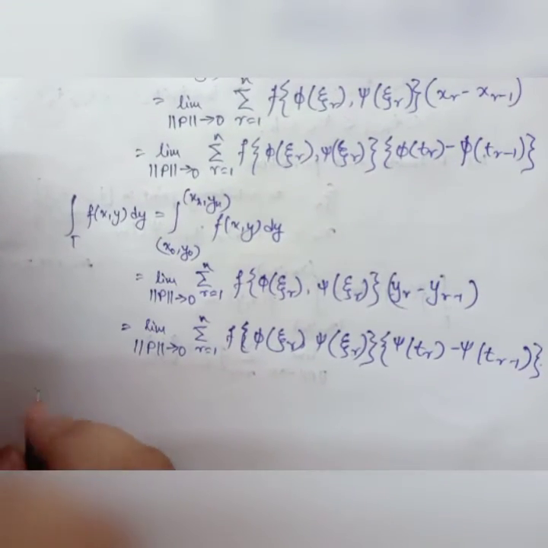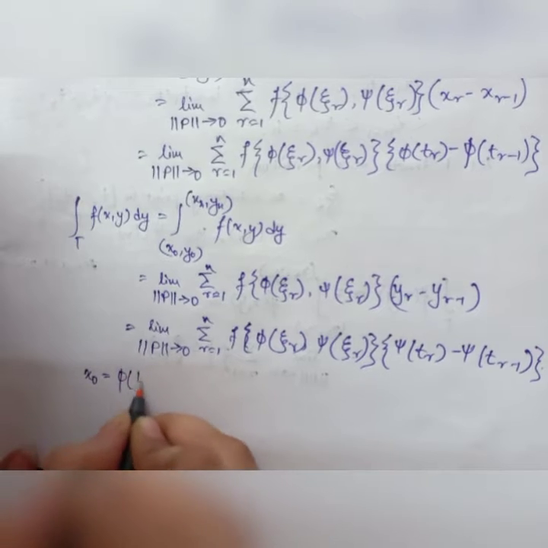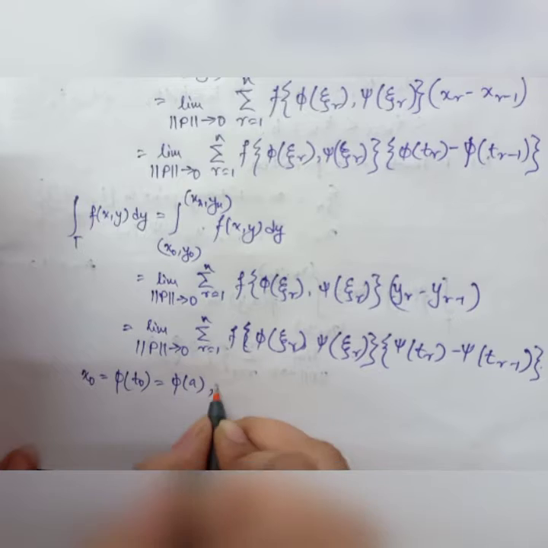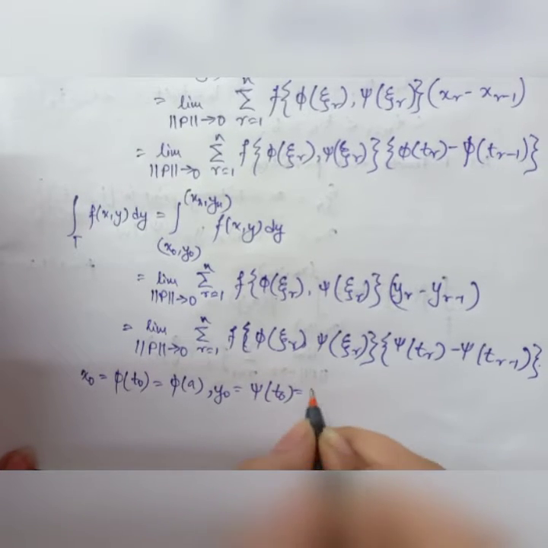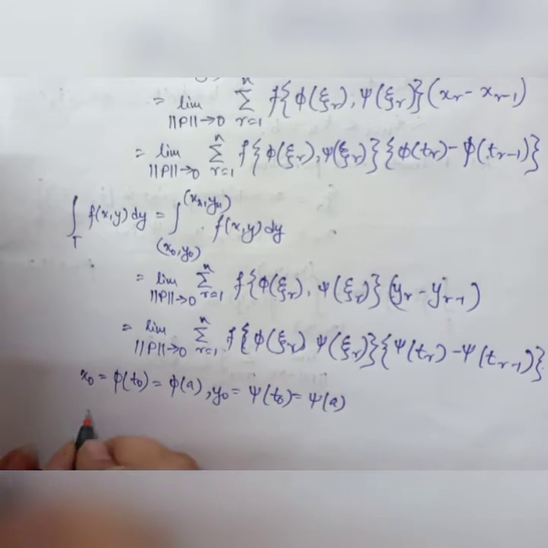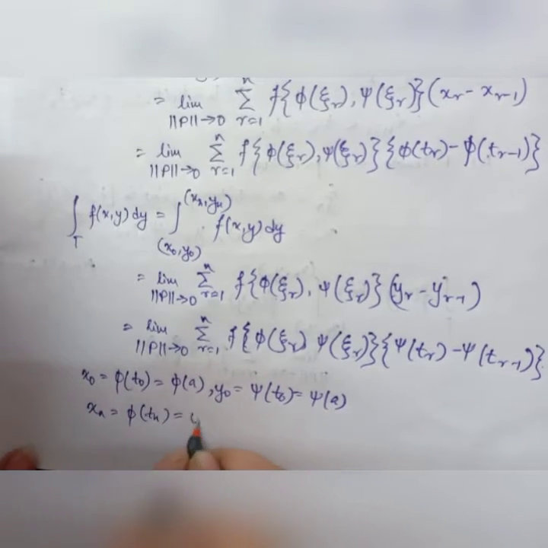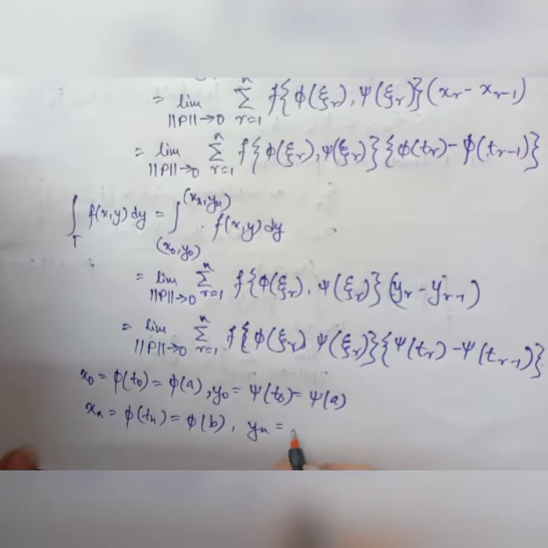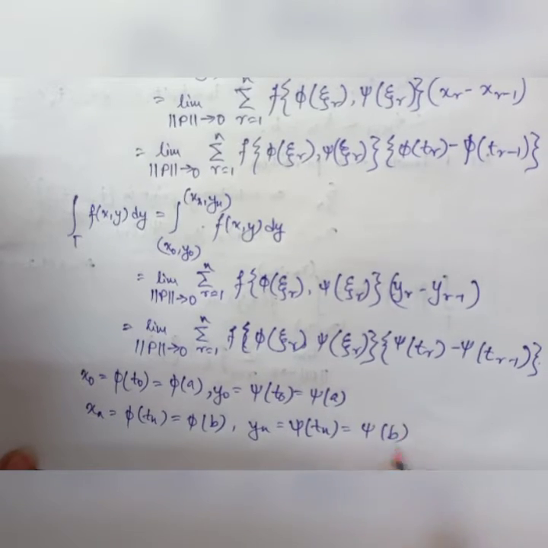So from here we observe that x0 equals phi of t0 equals phi of a and y0 equals psi of t0 equals psi of a. xn equals phi of tn equals phi of b, and yn equals psi of tn equals psi of b.